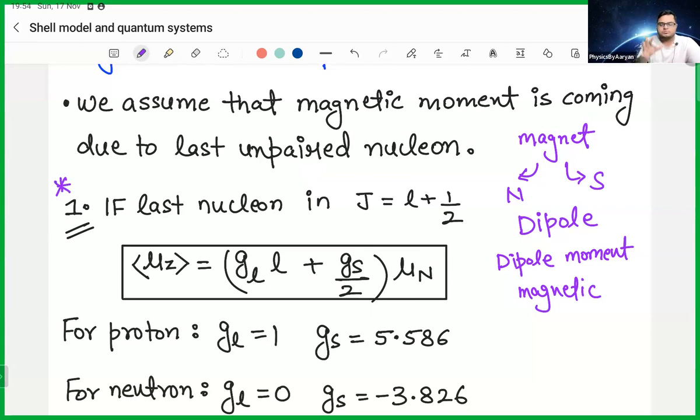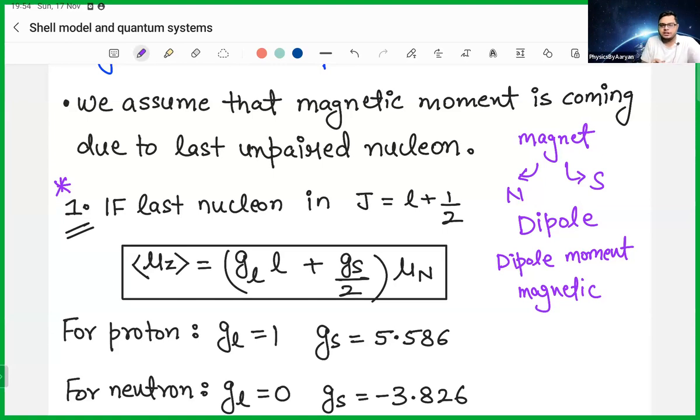I give you some nucleus, so you take that nucleus, you make a shell model structure for it, and then you find the state, the ground state. This is the spin, this is the parity, this is my last nucleon, and so on. So the first step is to do the shell model.